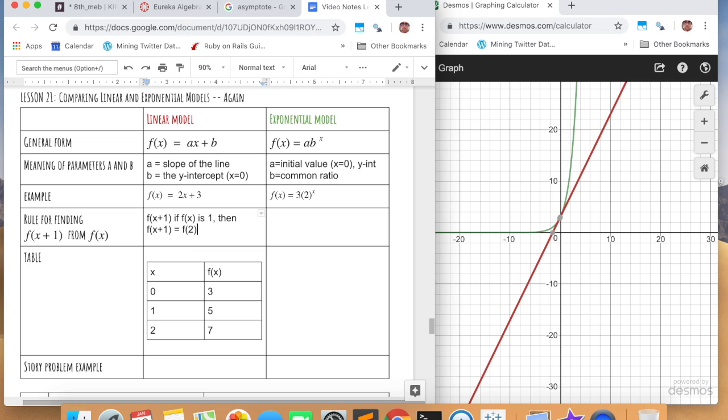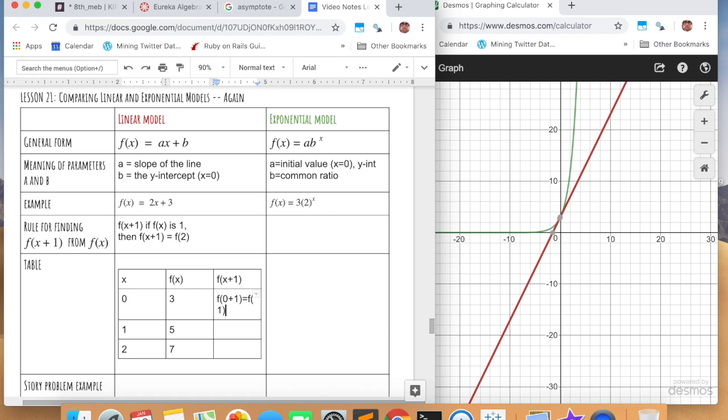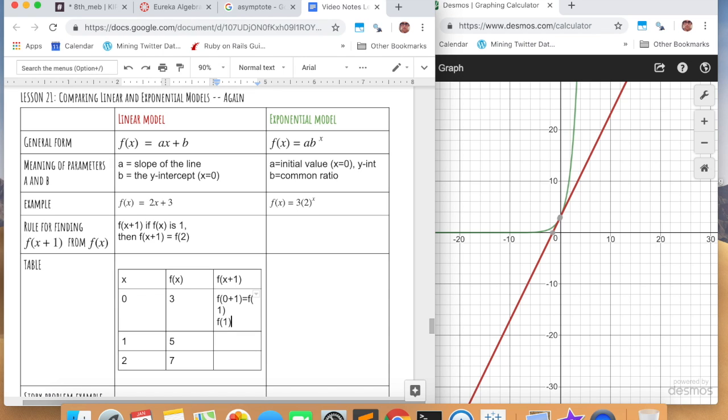And when I look at the table, f of 2 is 7. I'm going to fill out a table so you can see this more clearly. If x is 0, 0 plus 1 will give us f of 1. And we know that f of 1 from our table is 5.